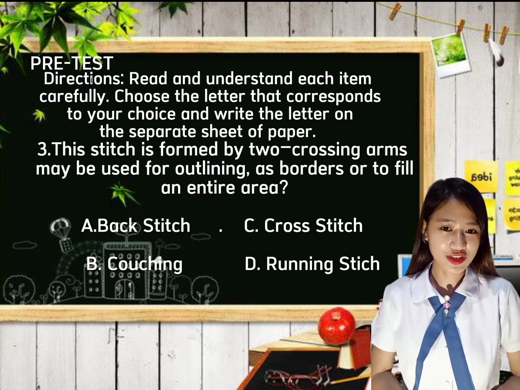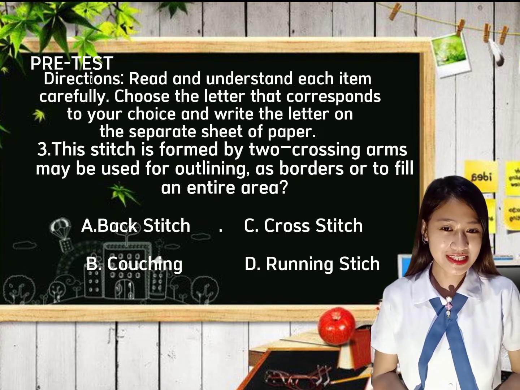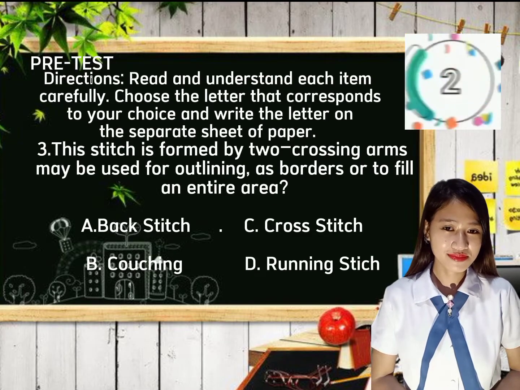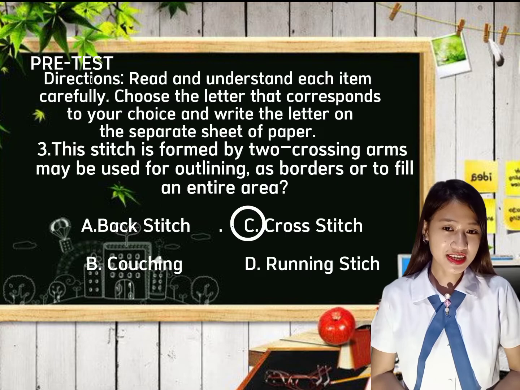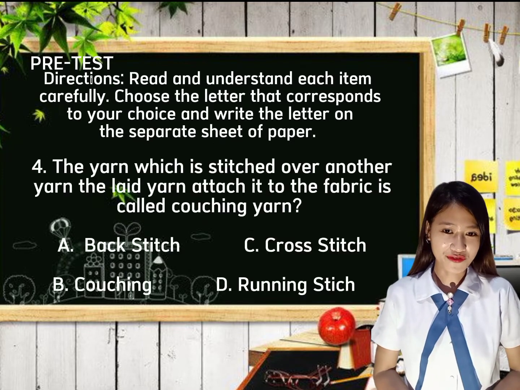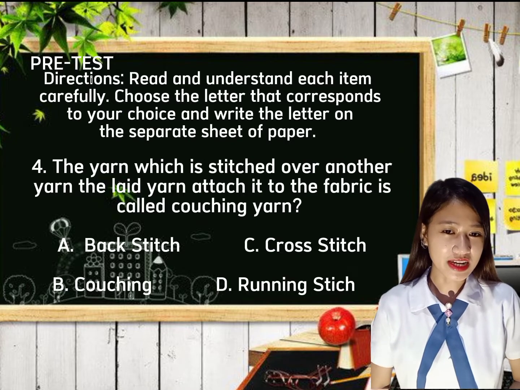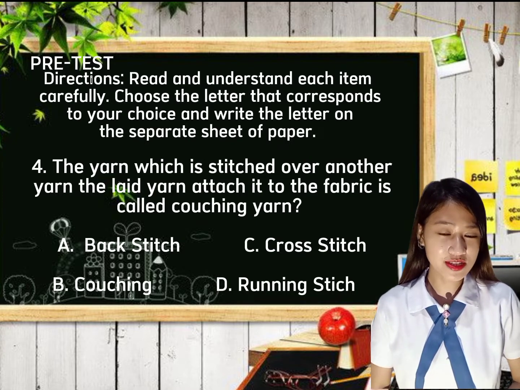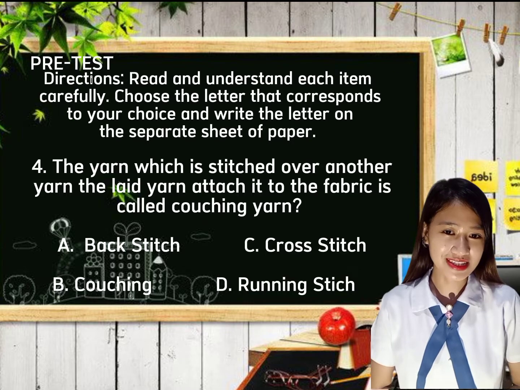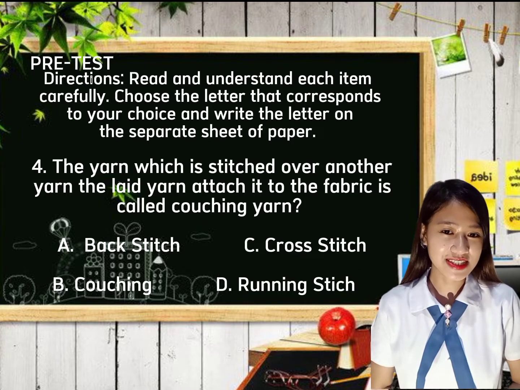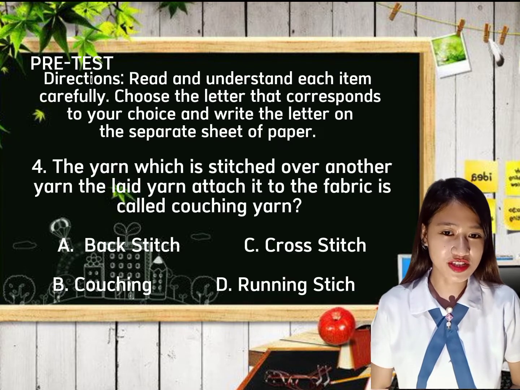A. Backstitch. B. Couching. C. Cross stitch. D. Running stitch. C. Cross stitch. Number 4. The yarn which is stitched over another yarn, the laid yarn attached into the fabric is called couching yarn. A. Backstitch. B. Couching. C. Cross stitch. Or D. Running stitch.